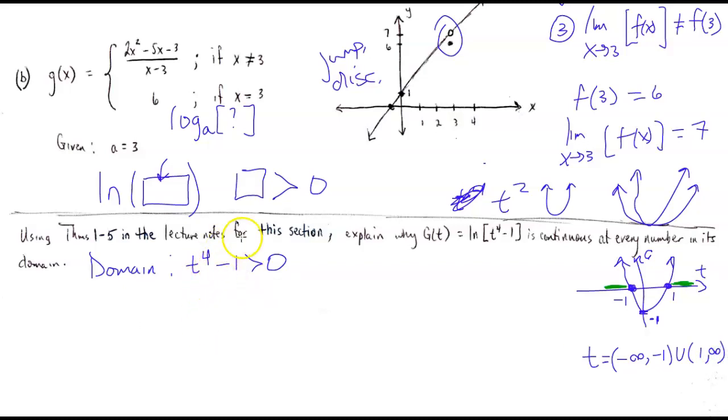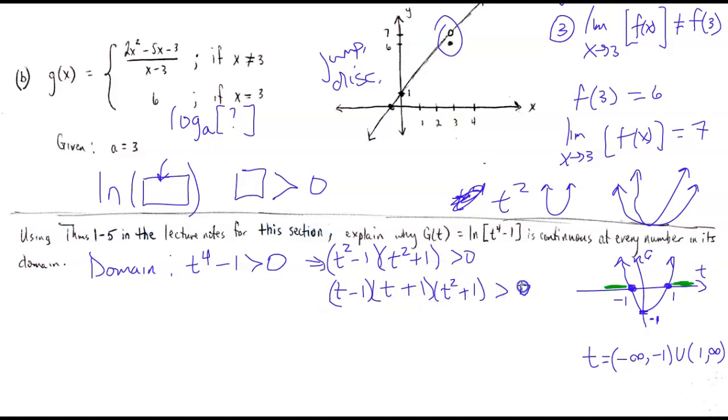Now, if we looked at this from more of a computational perspective, we would have to do the test interval method, which means that I would have to look at t to the 4 minus 1, and I would have to factor it like this. And then, of course, t squared minus 1 would be t minus 1 times t plus 1. And this would be t squared plus 1 here, greater than 0. And then the test interval method says we need to identify where our x-intercepts are, in this case t-intercepts.